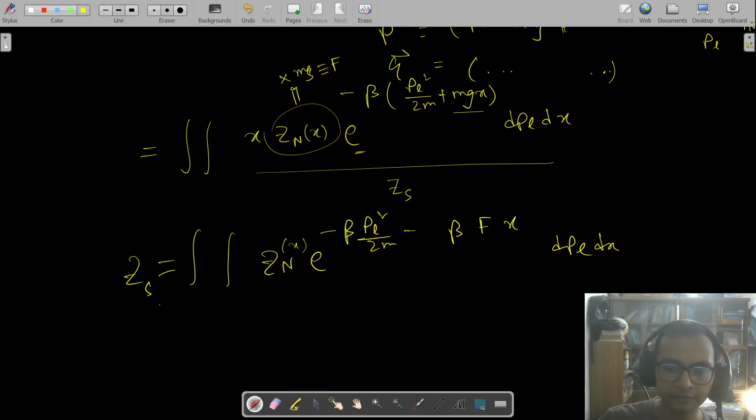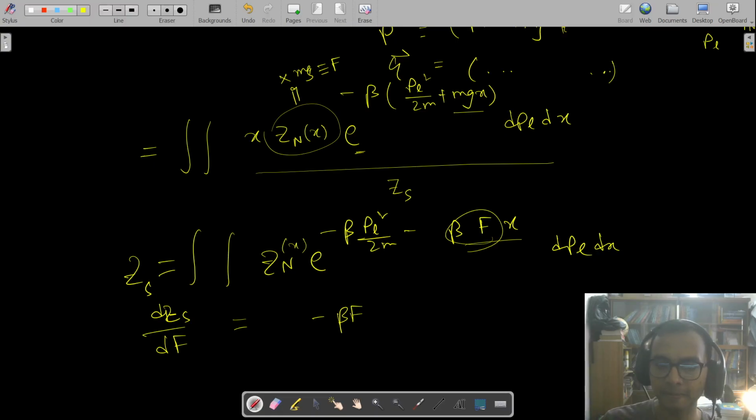Now if we differentiate this z with respect to f, then what happens is this thing comes out, minus beta times x comes down, the rest remains the same.